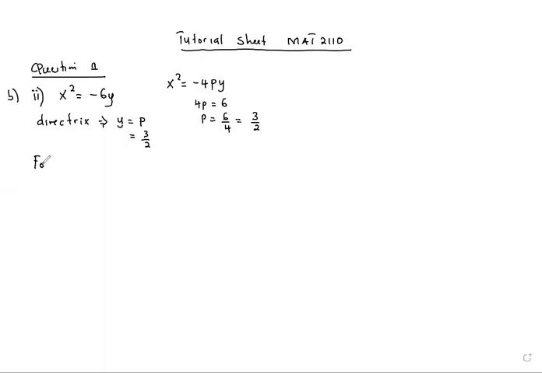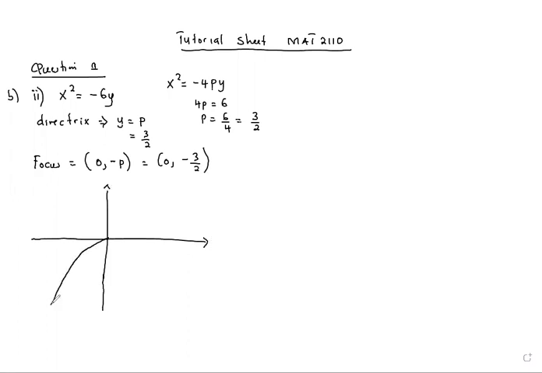So the focus point is going to be 0, negative p, which is 0, negative 3 over 2. Then you can have the sketch.